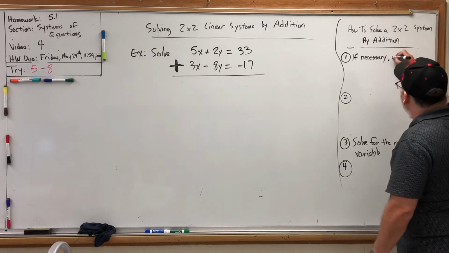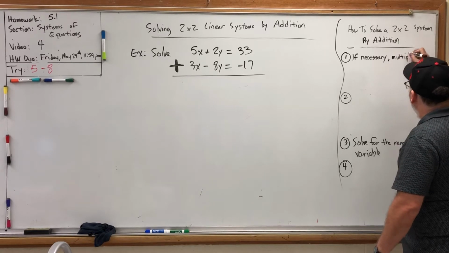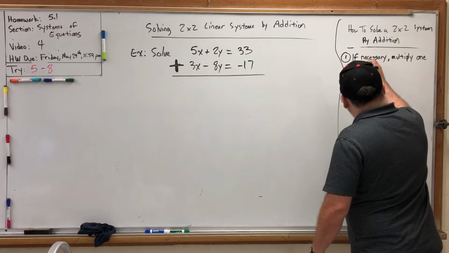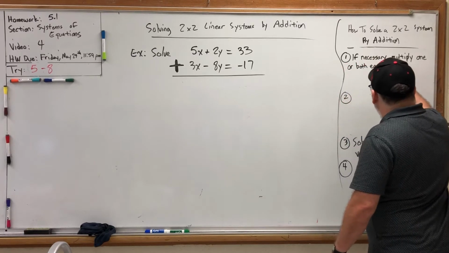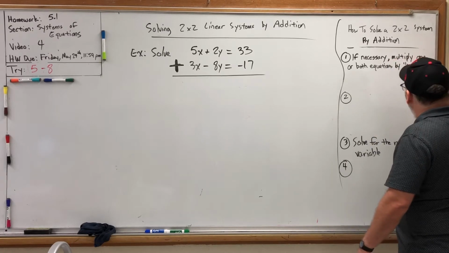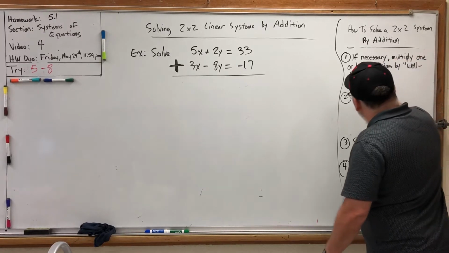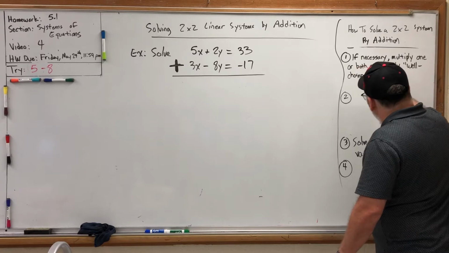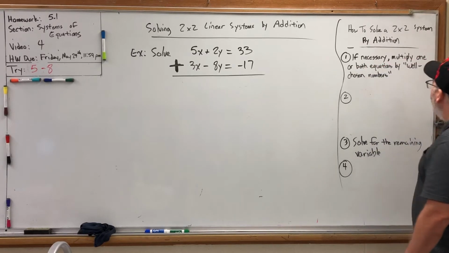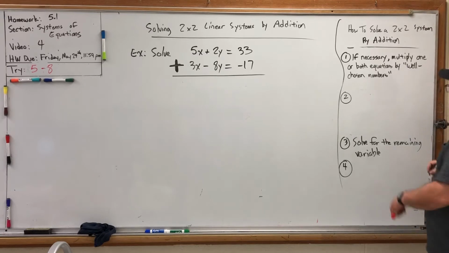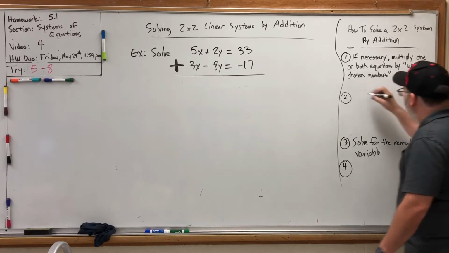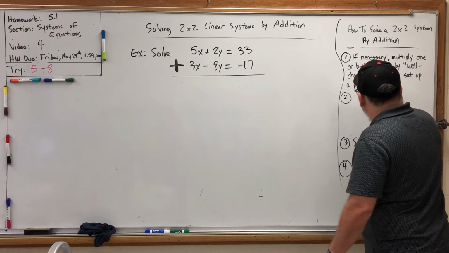If necessary, multiply one or both equations by, and I'm going to put in quotes, "well-chosen numbers," and I'll tell you how to choose a number well in a moment. If necessary, multiply one or both equations by well-chosen numbers to set up a pair of opposite terms.